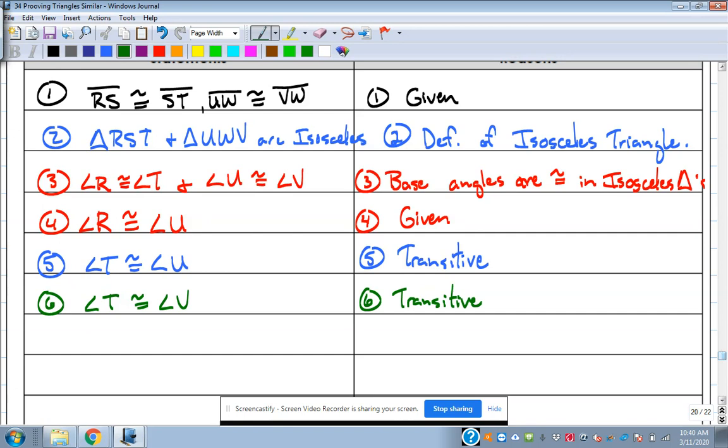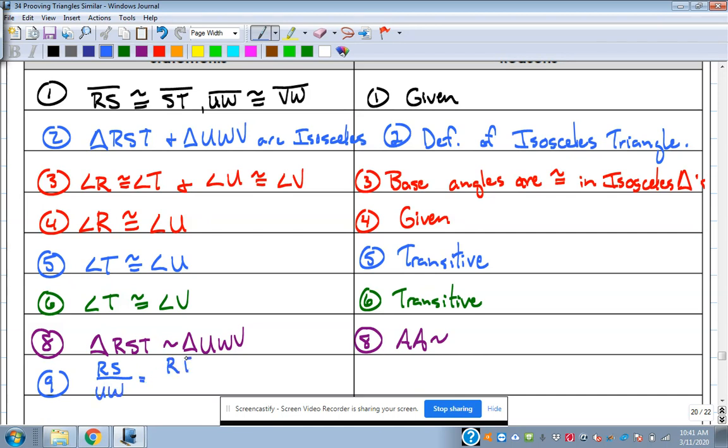Now we've got two pairs of congruent angles, so now we can get similar triangles. Triangle RST is similar to triangle UWV by angle, because we don't have anything about sides. All we've got is angle stuff. And because that's happening, we want to prove our punchline: RS over UW is equal to RT over UV.